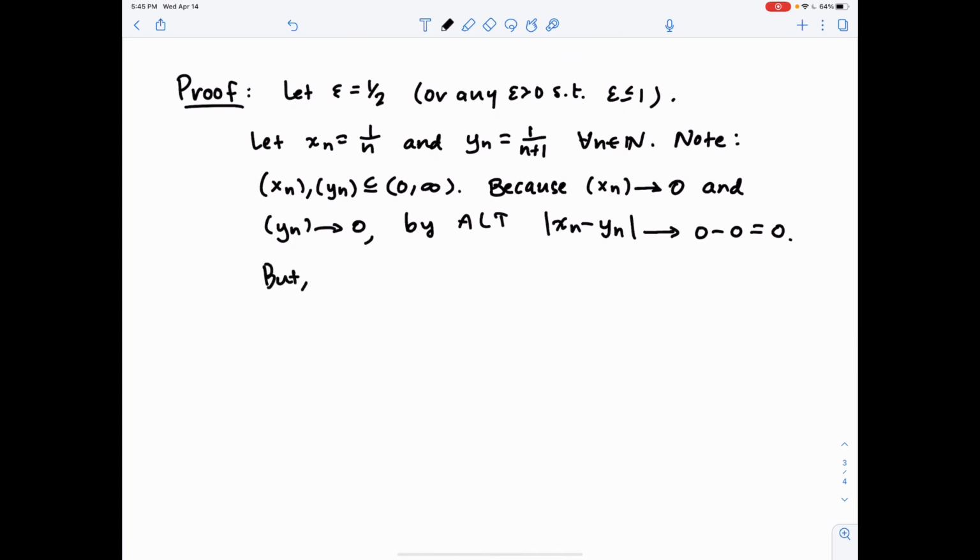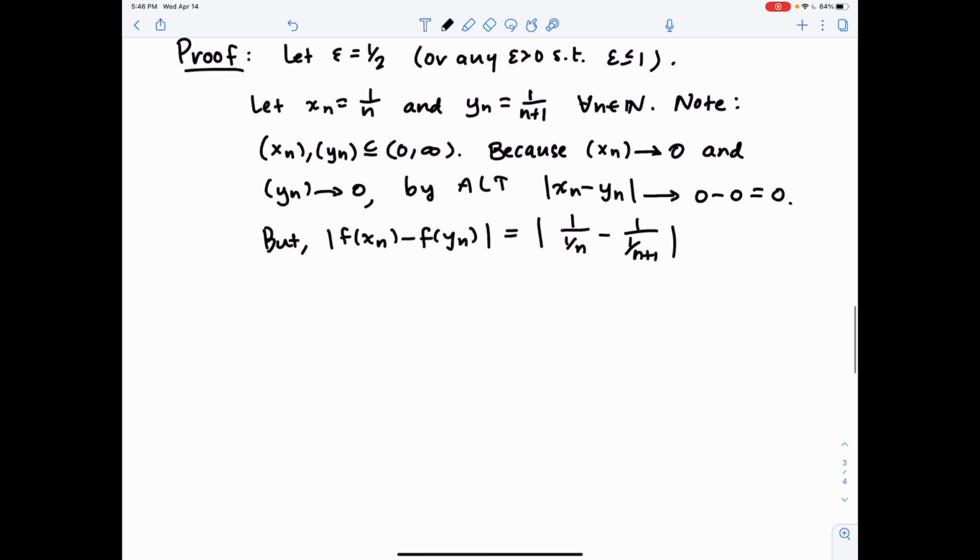But if I look at f of xn minus f of yn, that's just going to be what we wrote up earlier. So substituting into our function 1 over x, that's really n minus n plus 1, which is 1, and that's strictly greater than 1/2, which is our epsilon value.